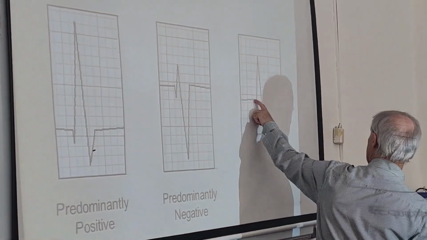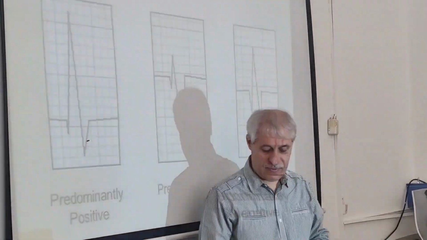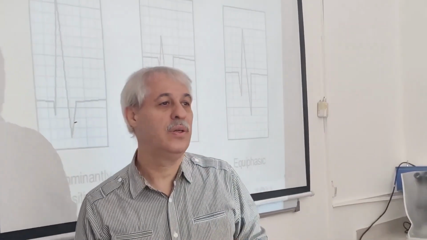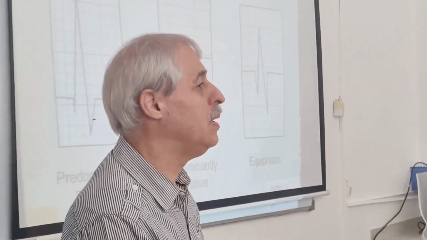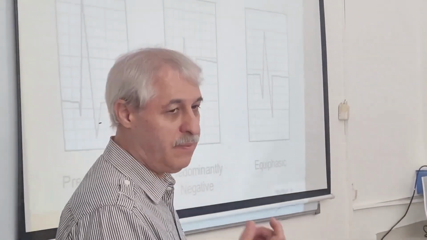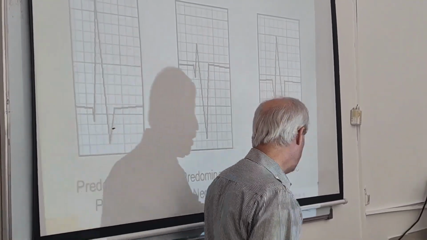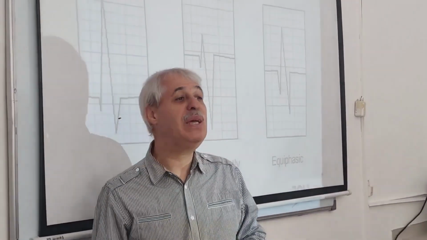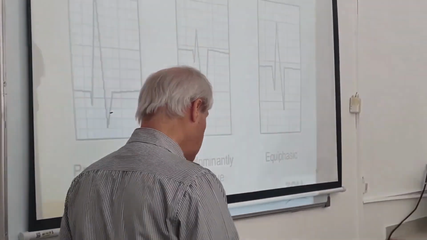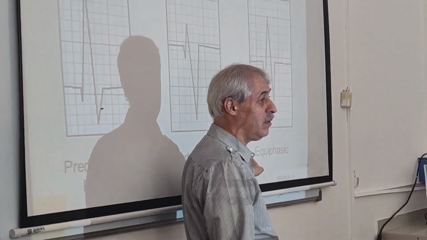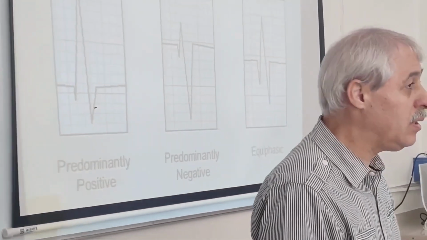Here, the positive and negative deflections are equal to each other, meaning if you sum them up, you will have 0. If this situation is met in one of the limb leads, that lead is called an equiphasic lead.